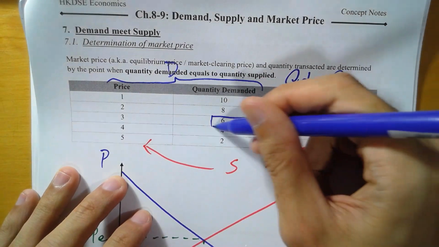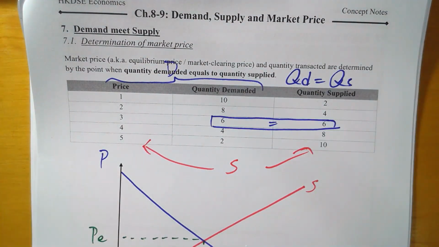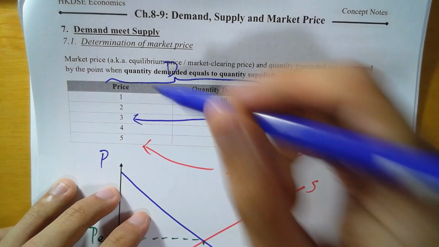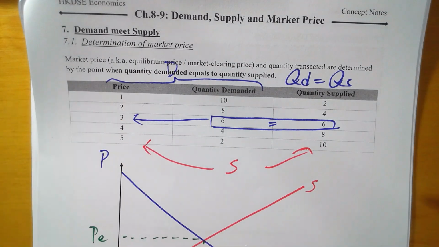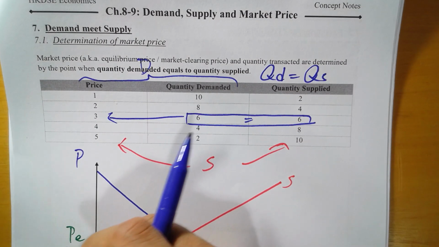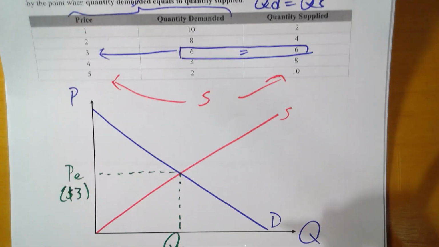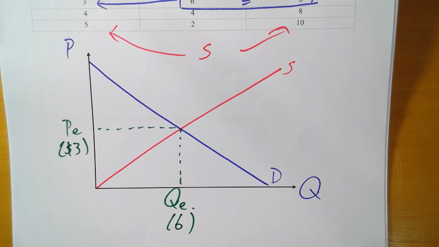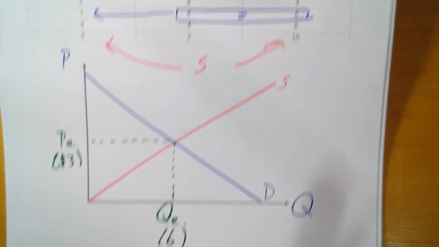So this is the point when QD equals QS, and we know the equilibrium price would be $3. So PE here is $3, and QE, the equilibrium quantity, is 6 units.